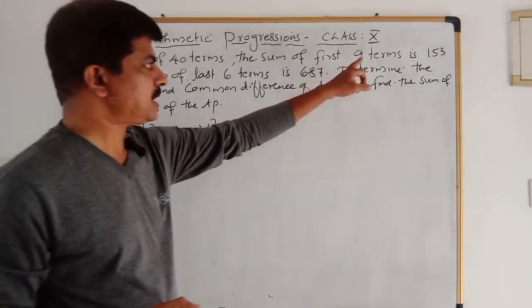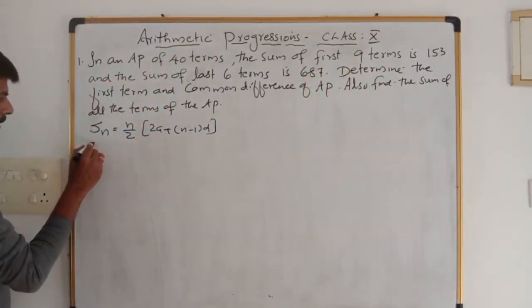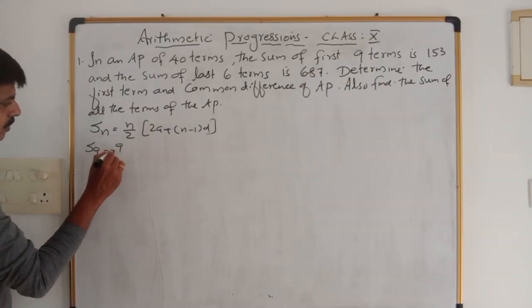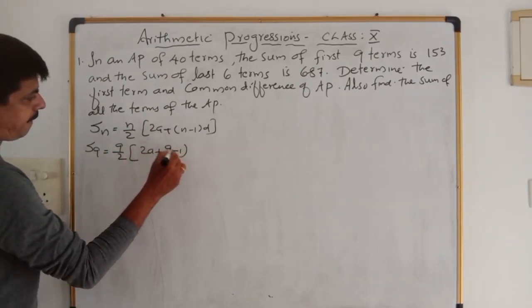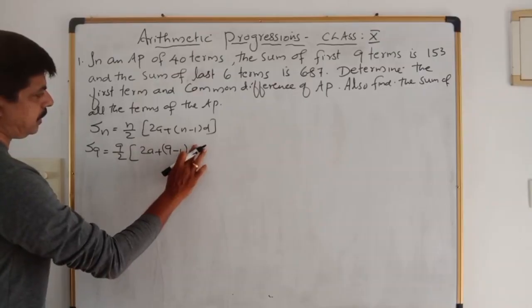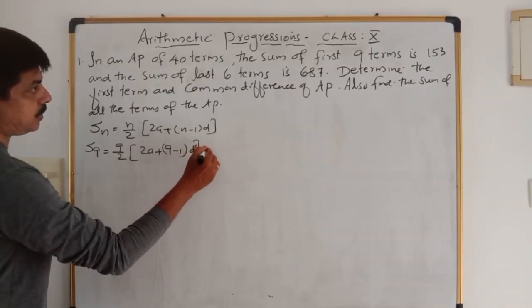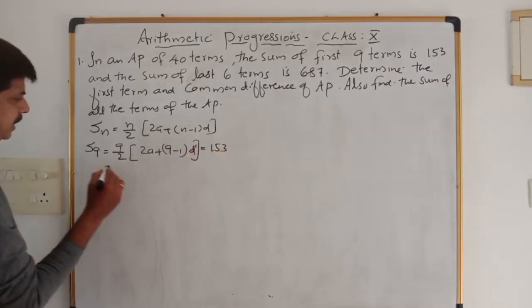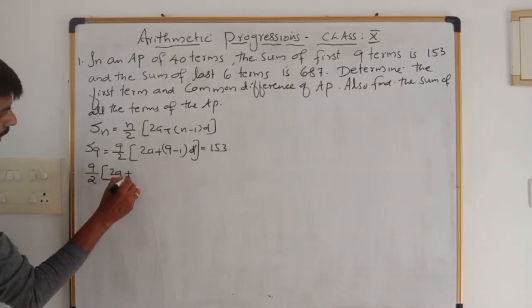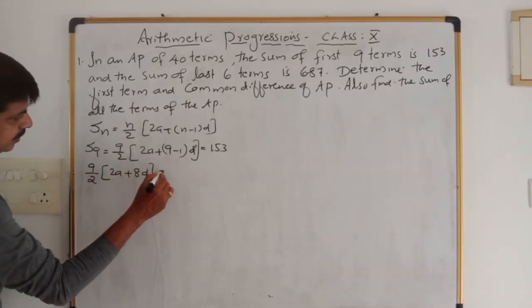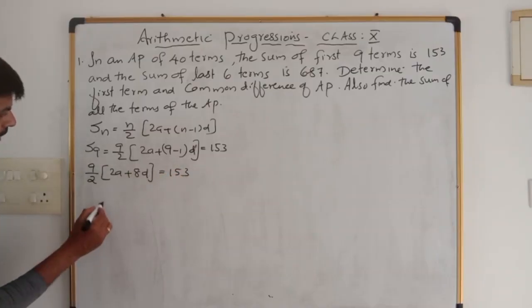So the sum of the first 9 terms is 153. So S9 is equal to 9 by 2 into (2a plus (9 minus 1) into d) is equal to 153. So 9 by 2 into (2a plus 8d) is equal to 153.